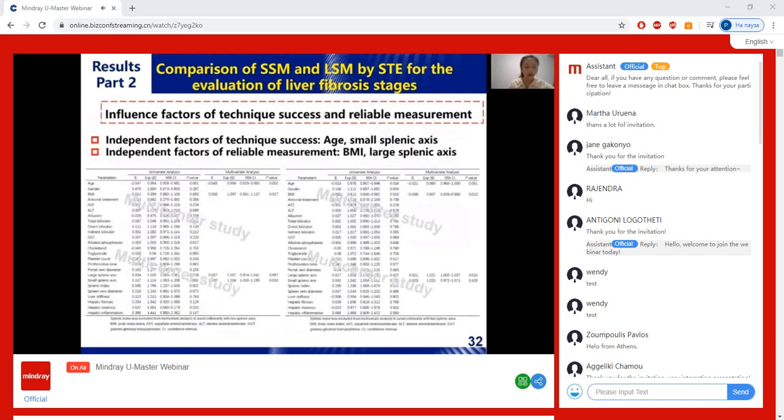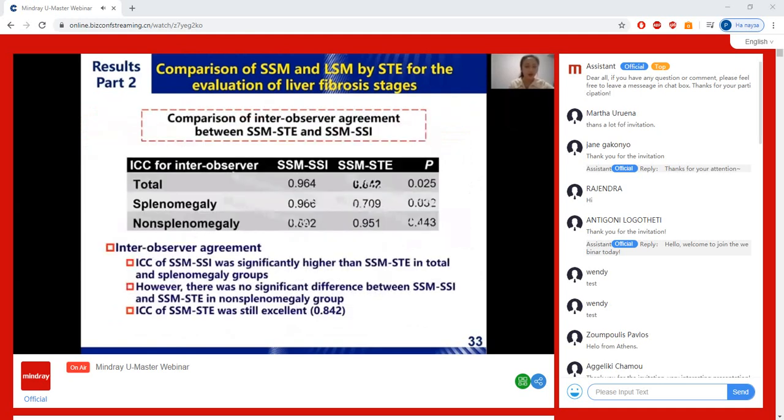Independent factors of technique success were age and small splenic axis. Independent factors of reliable measurement were BMI and large splenic axis. For inter-observer agreement, intra-class correlation coefficients of spleen stiffness measurement by SSI was significantly higher than spleen stiffness measurement by STE in total and in splenomegaly group.